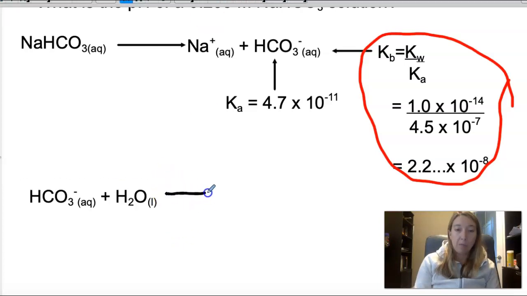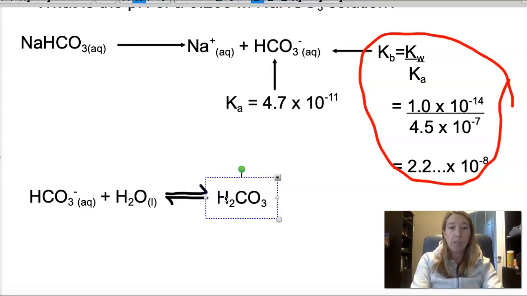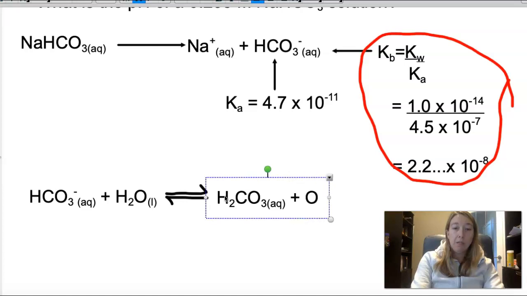I'm setting up an equilibrium because it's weak. Because we've decided it's going to be a base, right? Think back to what we said the definition of a base was for Bronsted-Lowry. A Bronsted-Lowry base is going to accept a proton. So that means this is going to turn into H2CO3, and that's going to be plus hydroxide.